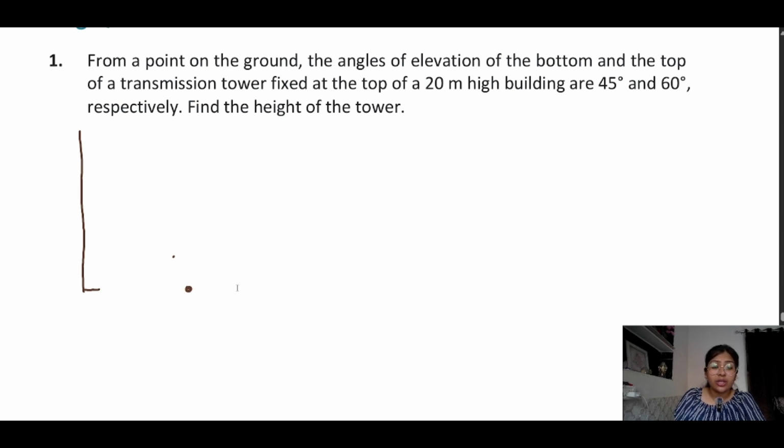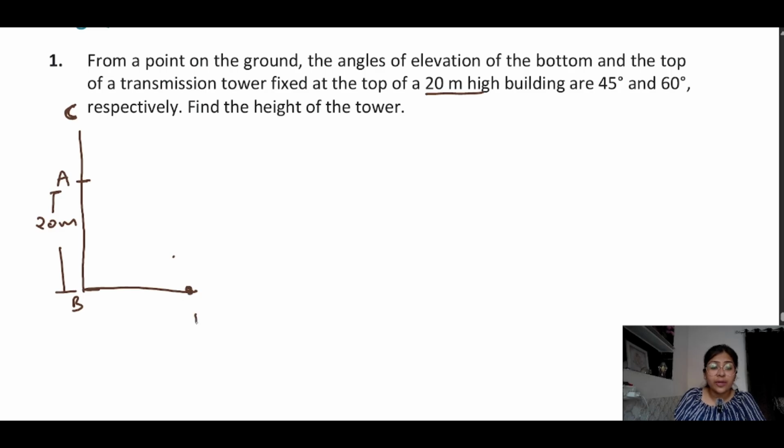So there are two things. One is a 20-meter high building, and at the top of it there is a transmission tower fixed. So we will let AB be the 20-meter high building above which the transmission tower AC is fixed.